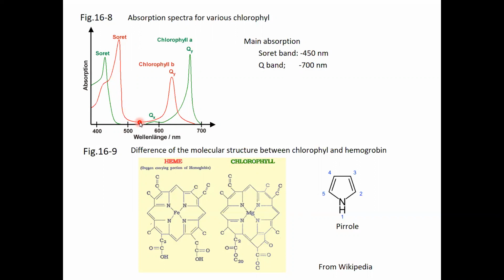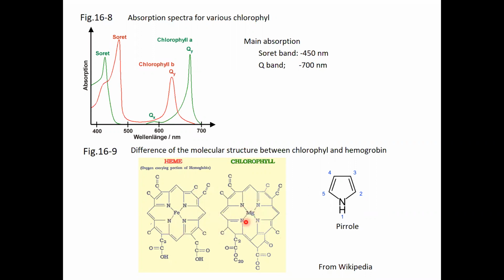And one of the interesting things about chlorophyll is that in our body we have hemoglobin, right? Hemoglobin, the carrier of iron in our blood. So this heme has a quite similar structure to chlorophyll.